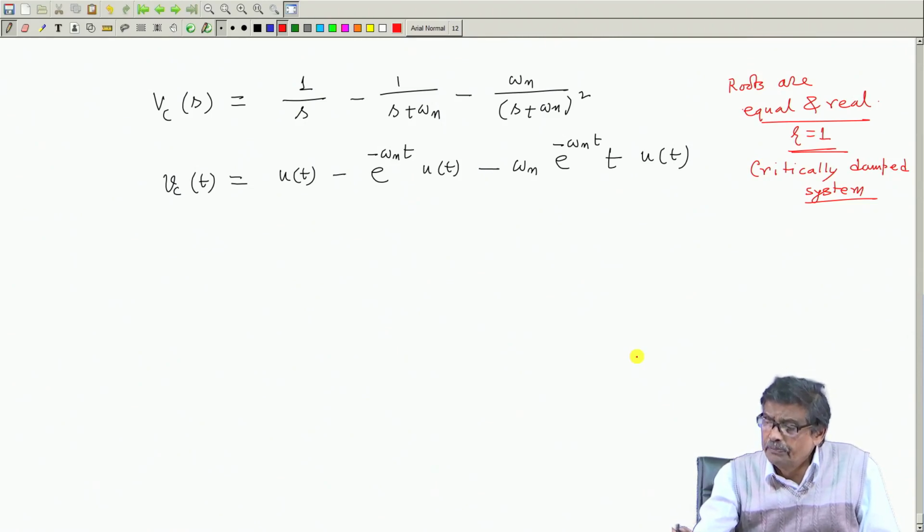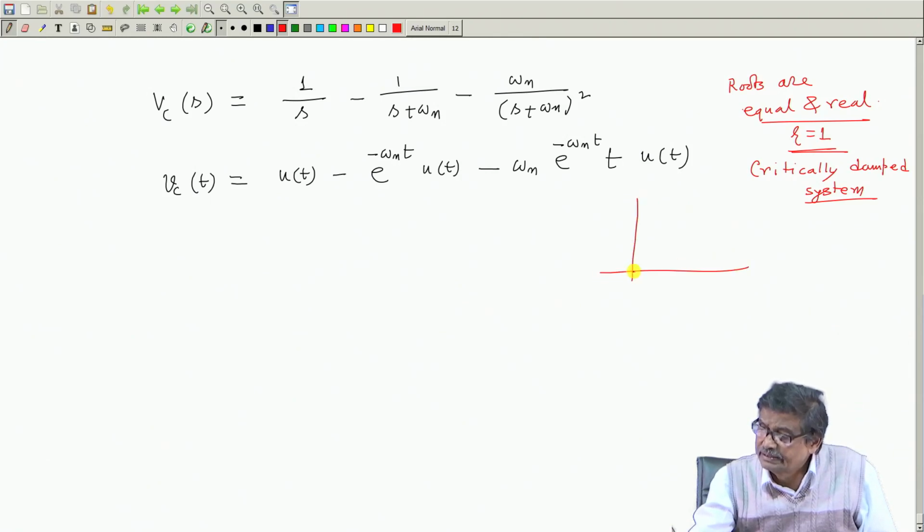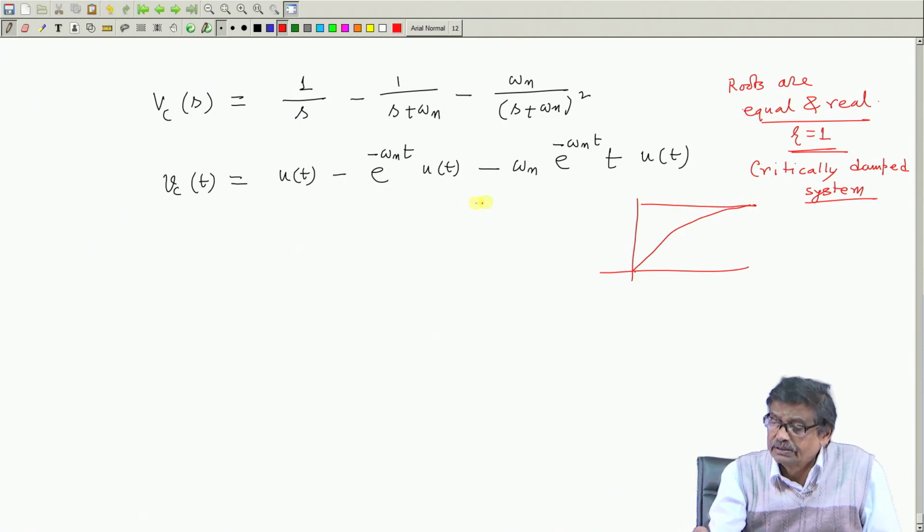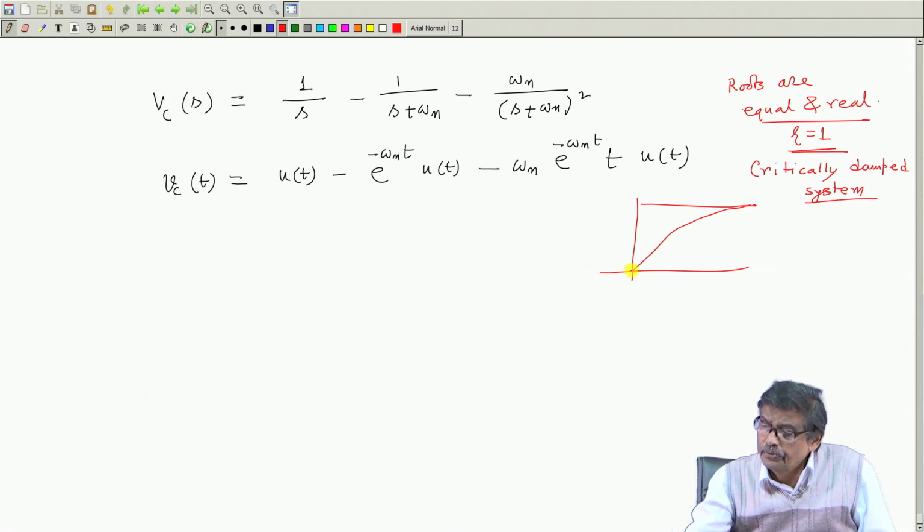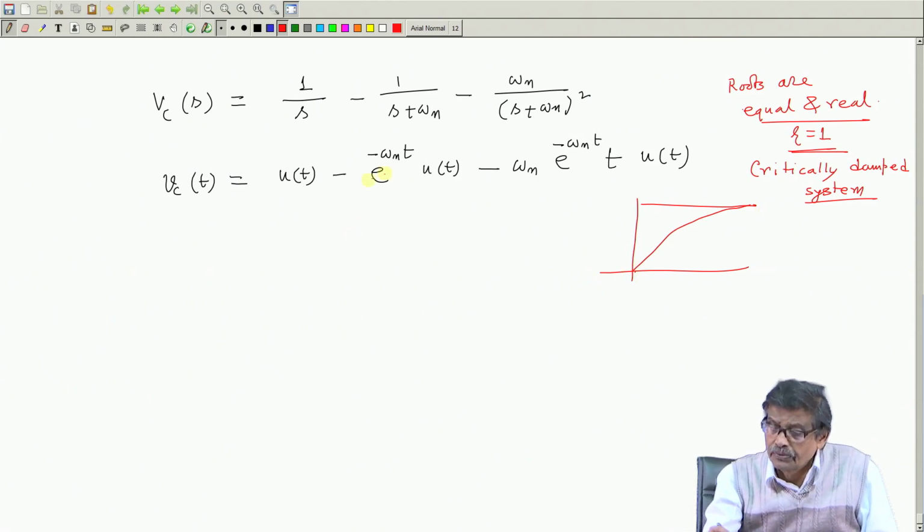Finally the solution will be something like this. Once again, add these two terms at different times. So, you have to add one exponential term growing from u(t) and so on.